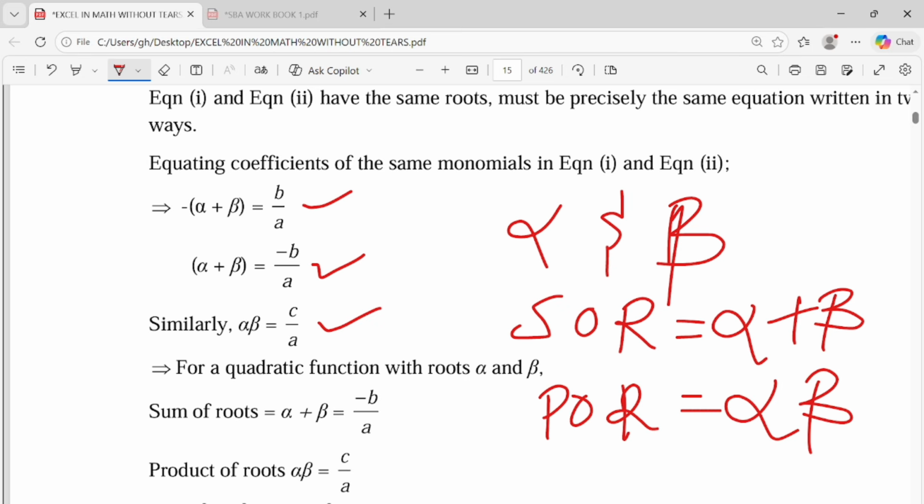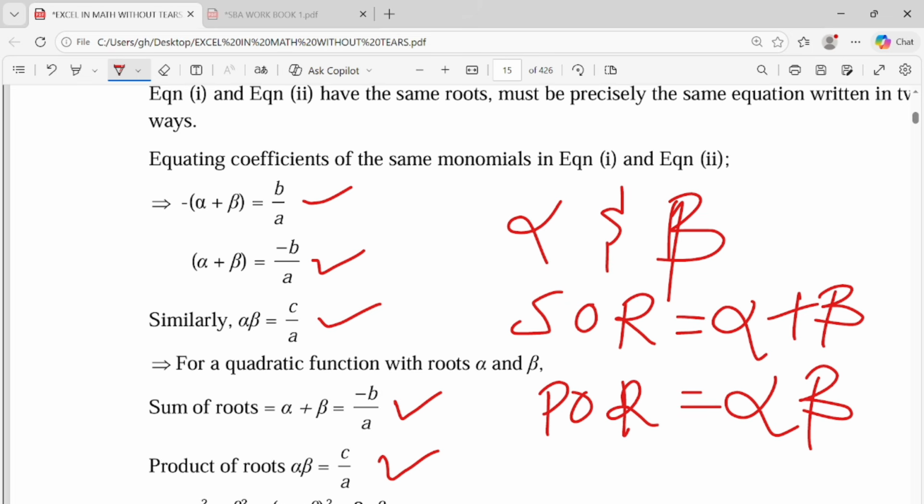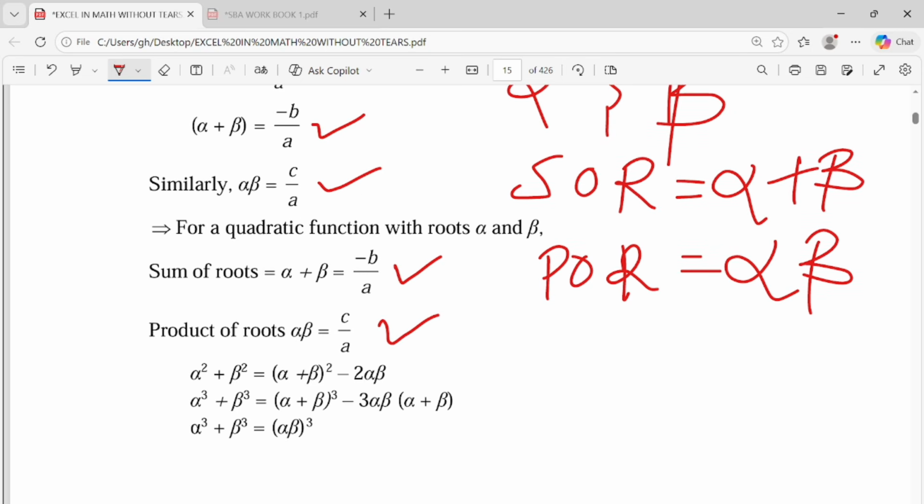Meaning that alpha plus beta is negative b out of a, and alpha times beta is equal to c out of a. So that's the preamble for our subtopic of sum and product of roots.